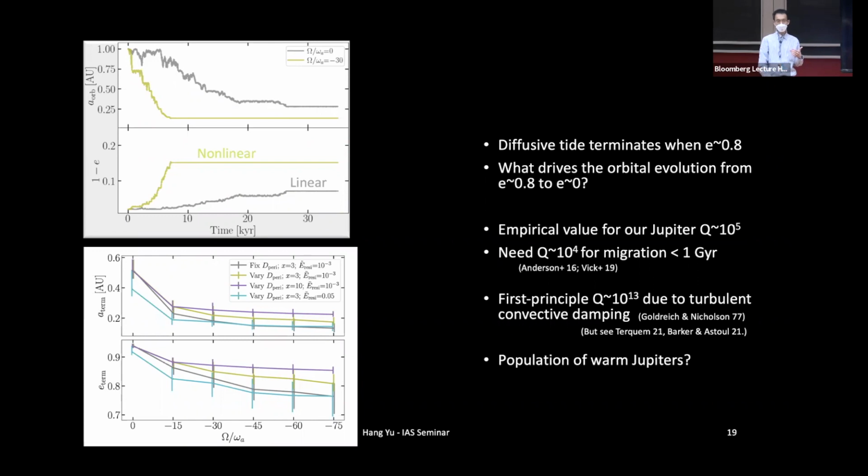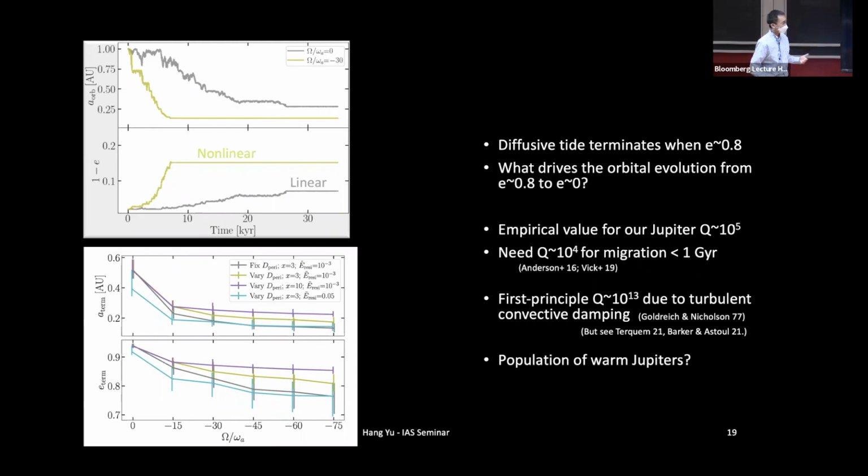Therefore, it's actually quite serious for us, so we need to find a theory that drives the subsequent tidal evolution from this e of 0.8 to the 0 regime. Only after we have a complete theory can we say we have completed the story about this tidal migration.